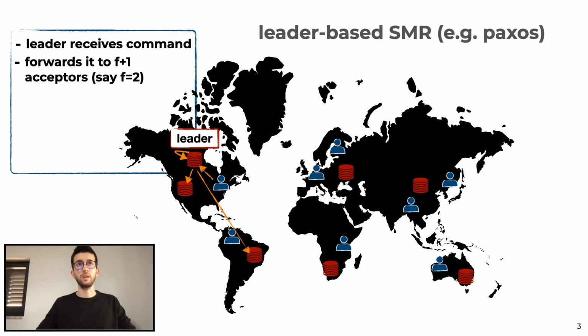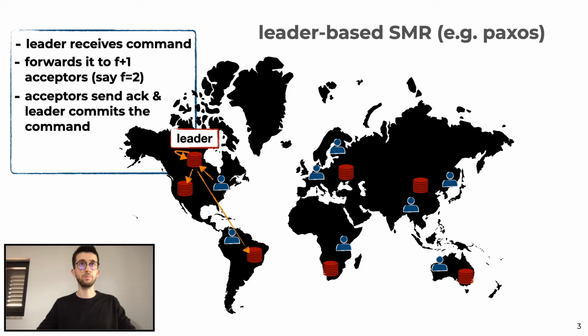So if we say that f equals 2, then the leader forwards the command to 3 acceptors, one being itself. Then, once these acceptors acknowledge the command, the leader can commit the command, execute it, and then send the result back to the client.